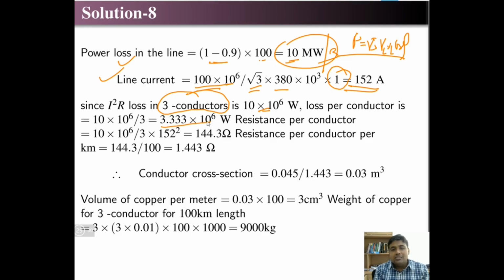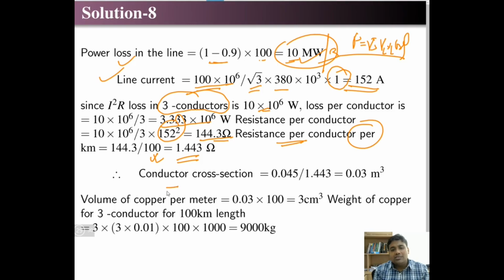Now to find the resistance per conductor, you divide the 10 megawatt by 3 and then divide by 152 square, so you are getting 144.3 ohms. Now this is the resistance per conductor you have obtained, but what about per kilometer length? Totally the length is 100 kilometers, so you are getting 1.443 ohms.